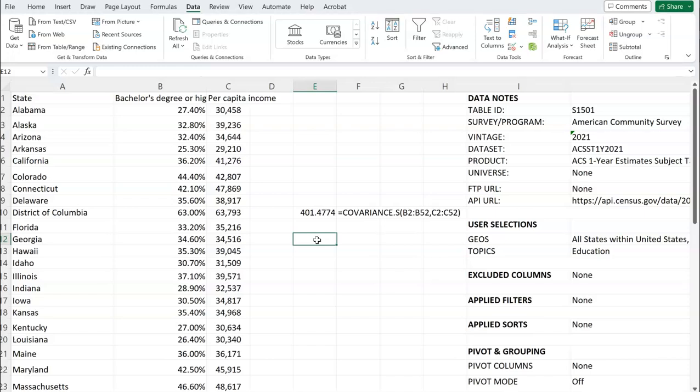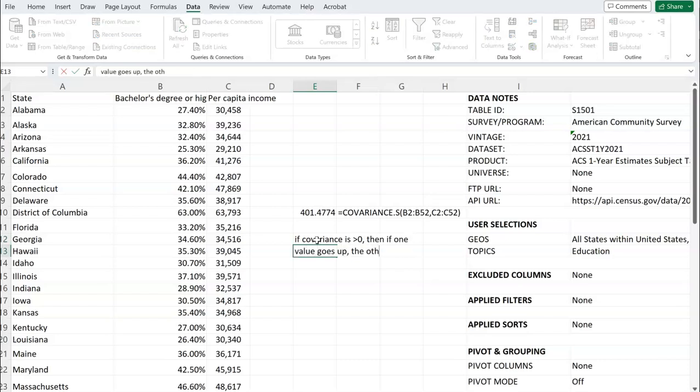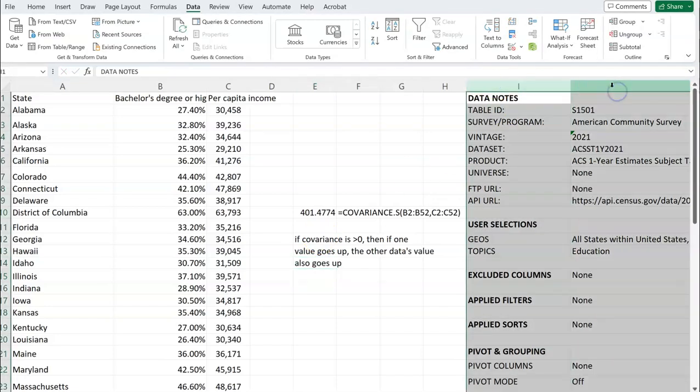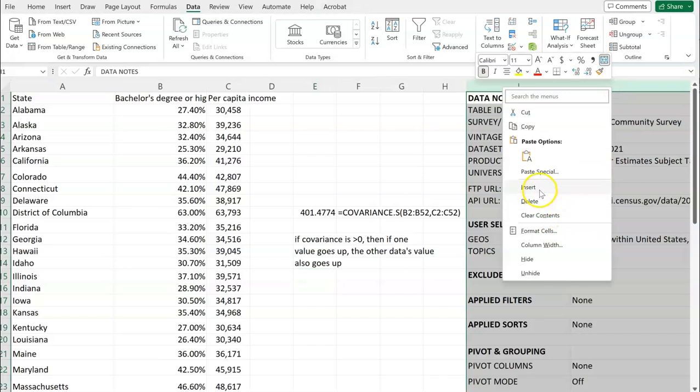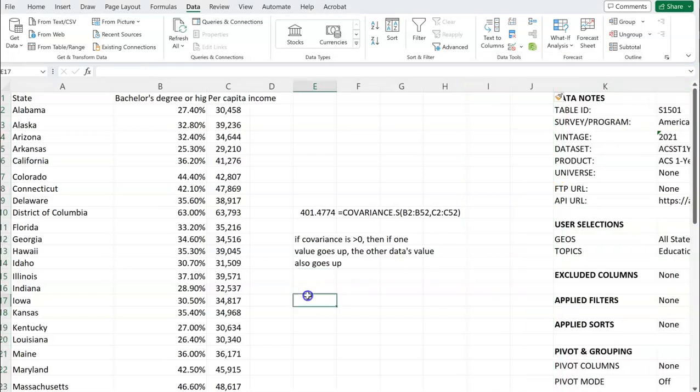What I can say is if covariance is greater than 0, then if one value goes up, the other value also goes up, which means that if per capita income goes up, education attainment goes up, or if education attainment goes up, per capita income goes up.